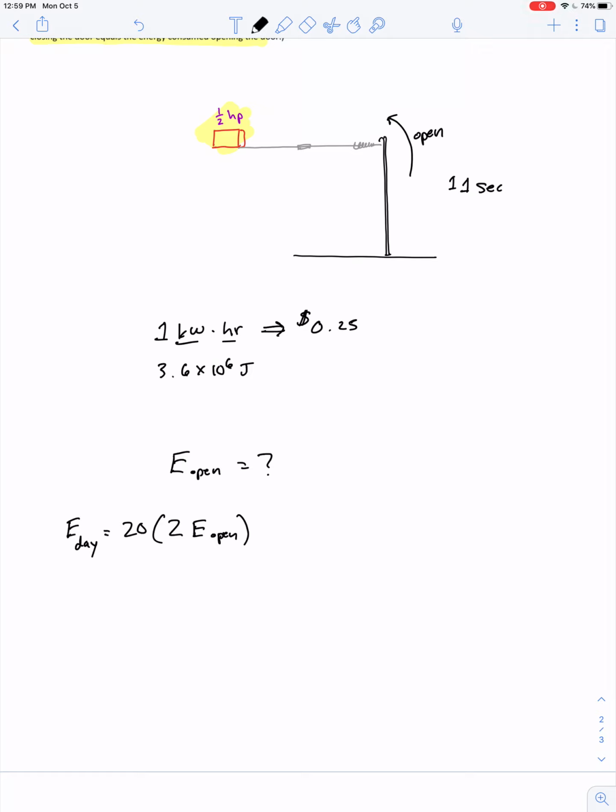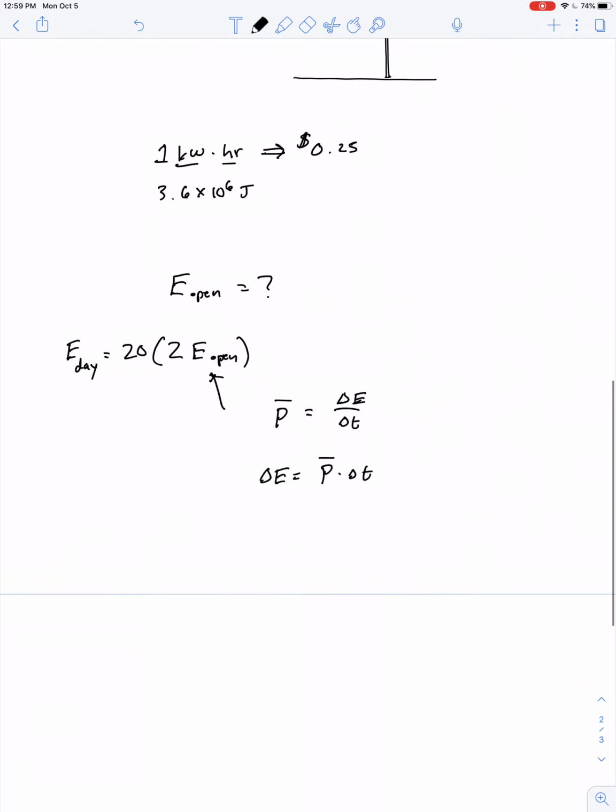Okay, so let's see. How do we figure out how much energy it takes to open? Well, if average power is equal to change in energy divided by the corresponding time, then the change in energy is nothing more than the average power multiplied by the time.